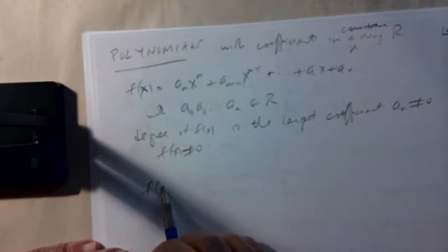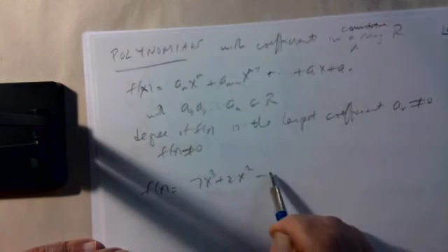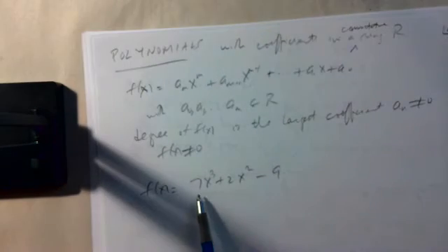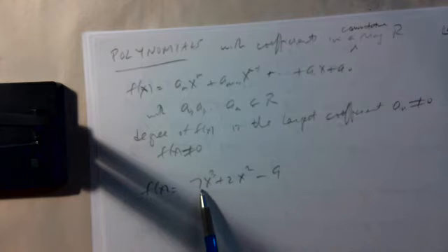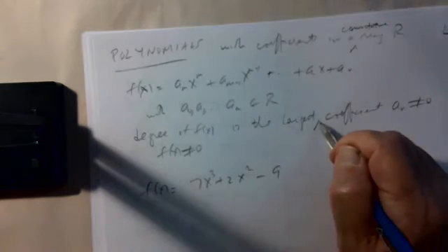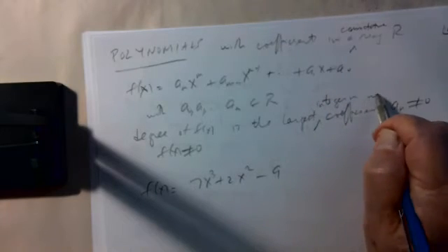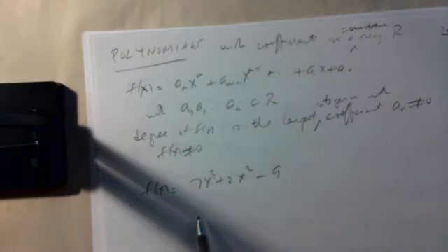And you have to say that because, if you write a polynomial like f of x equals 7x cubed plus 2x squared minus 9, the degree of f of x is the largest integer n where the coefficient a_n is different from 0.